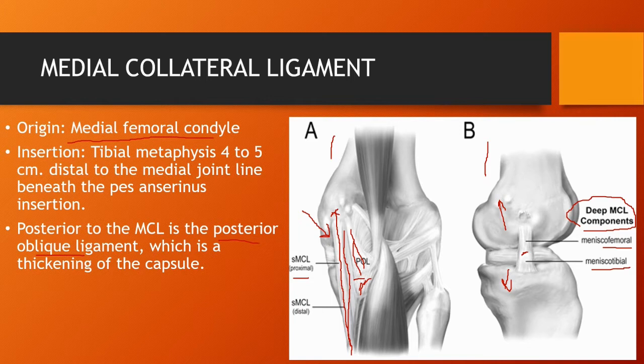And this is important because injury to the deep component of the medial collateral ligament can also result in a concomitant or simultaneous injury to the medial meniscus. Now, this is unique to the medial collateral ligament. The lateral collateral ligament has no such attachment to the meniscus, but the medial collateral ligament is directly and firmly adherent to the medial meniscus through the deep component.